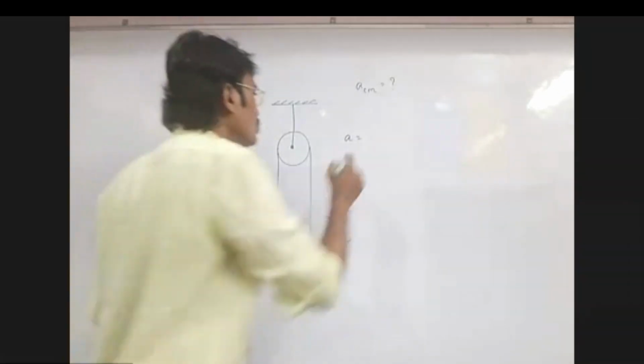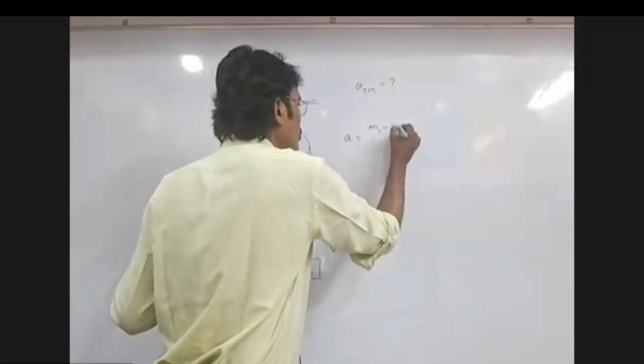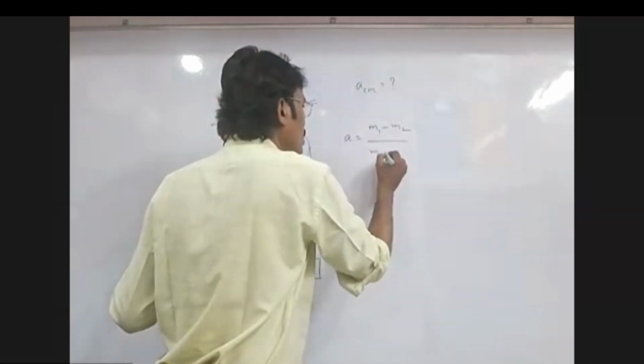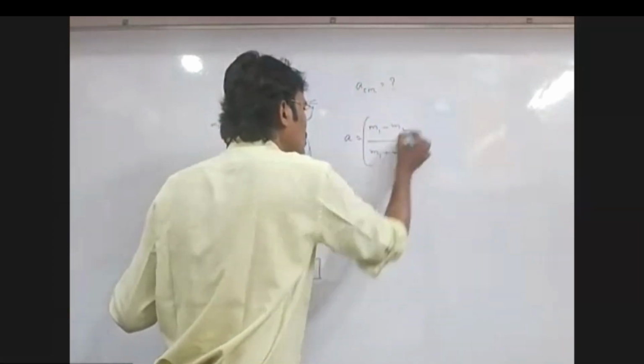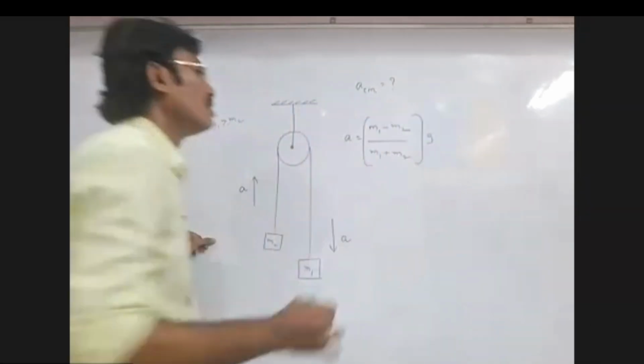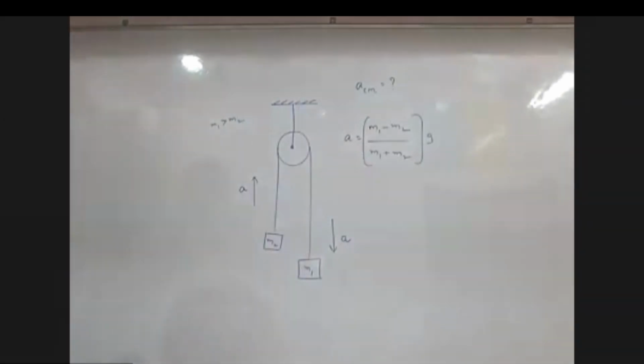A is equal to (m1 minus m2) by (m1 plus m2) into g. This is one application in laws of motion. Why? Because m1 is greater than m2, as mentioned here.